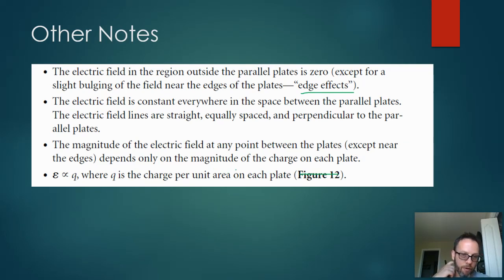So the electric field strength only depends on the charge. That's it. It doesn't matter how far apart the plates are, which is pretty interesting. So if you have two parallel plates with a charge on each one, and you have a certain electric field strength, if you put those plates closer together or farther apart, the math says that the electric field strength is not going to change. It only changes when you increase the charge on each plate.